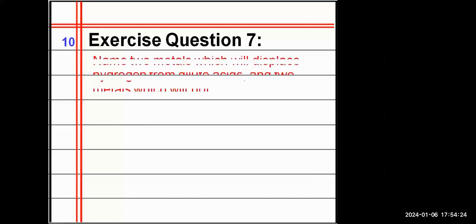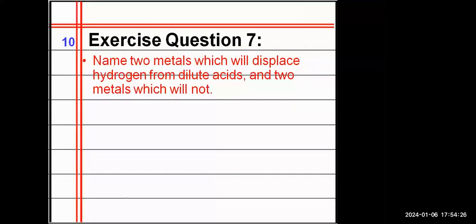Right? Now, the next one is, name 2 metals which will displace hydrogen from dilute acids and 2 which will not. So now we know the reactivity series. You can name any metal which is above hydrogen, any 2 out of it will react, and any 2 below will not.